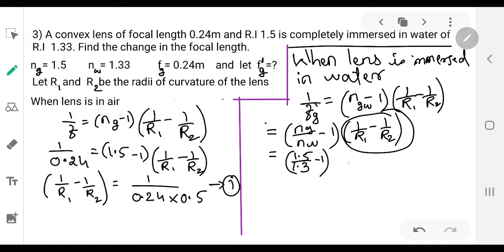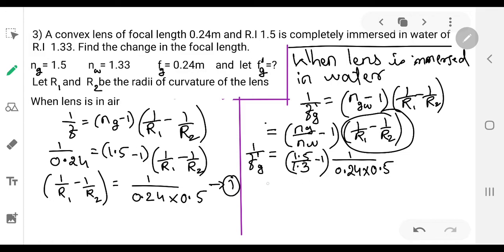That is 1/(0.24 × 0.5). 1/f'g, the focal length of the glass placed in water medium.